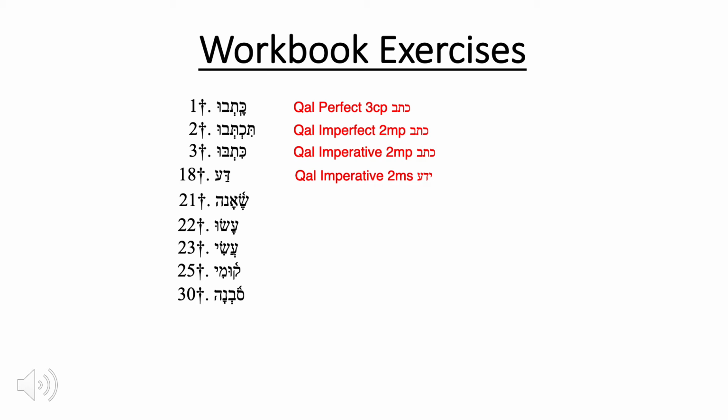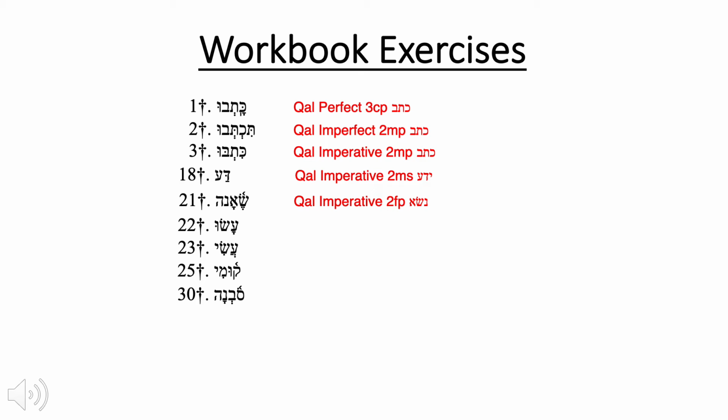What about number 21? How would we translate and parse this one? This is a Cal imperative 2FP from nasa, to lift. We see the na suffix at the end here, the nun plus the qamets plus the hey.